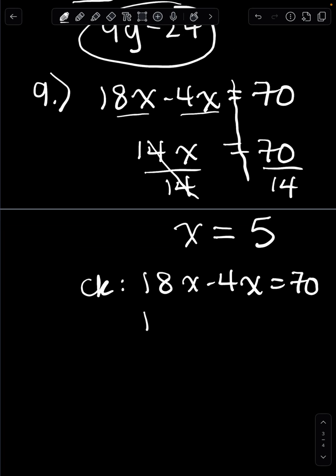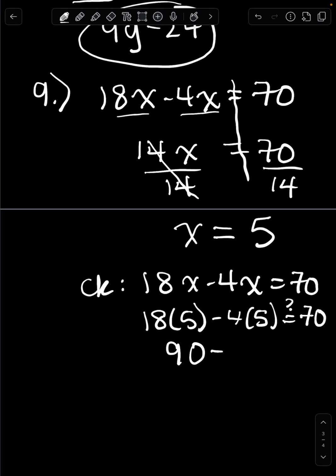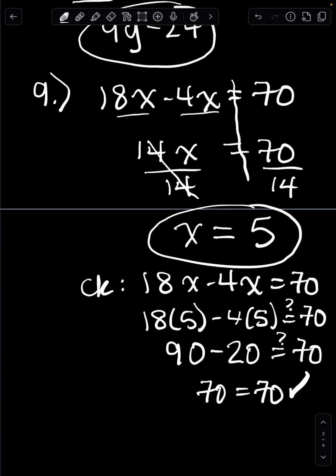Plug in a 5, so 18 times 5 minus 4 times 5, and we're checking, does this equal 70? So 18 times 5 would be 90, minus 4 times 5 is 20. Does this equal 70? Yes, it does. That means we check, and our answer was correct.